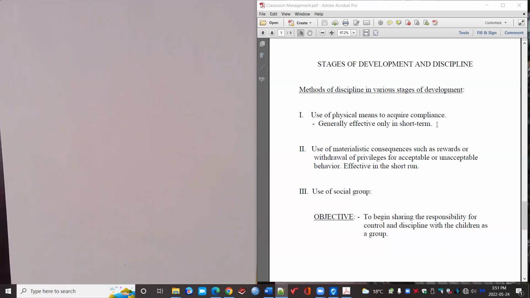Okay, so discipline also develops through stages of how students understand rules and order. So let's take a look at the first stage here.